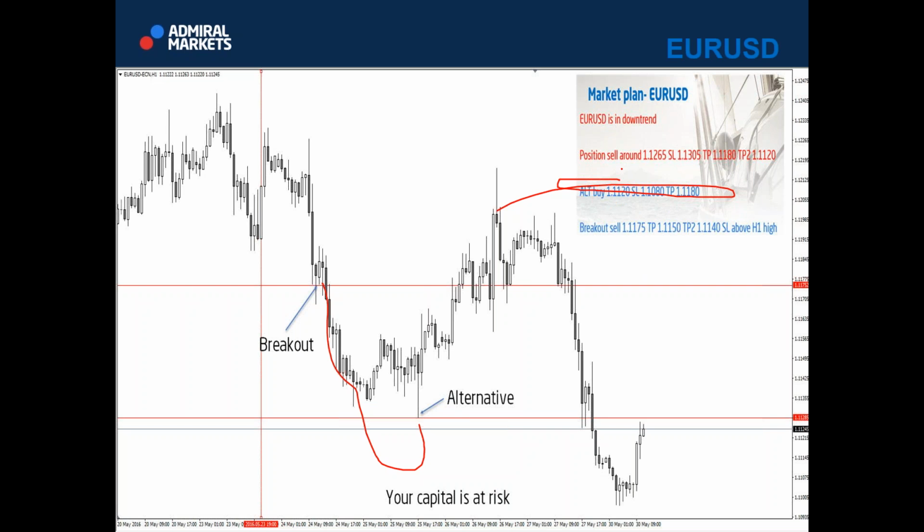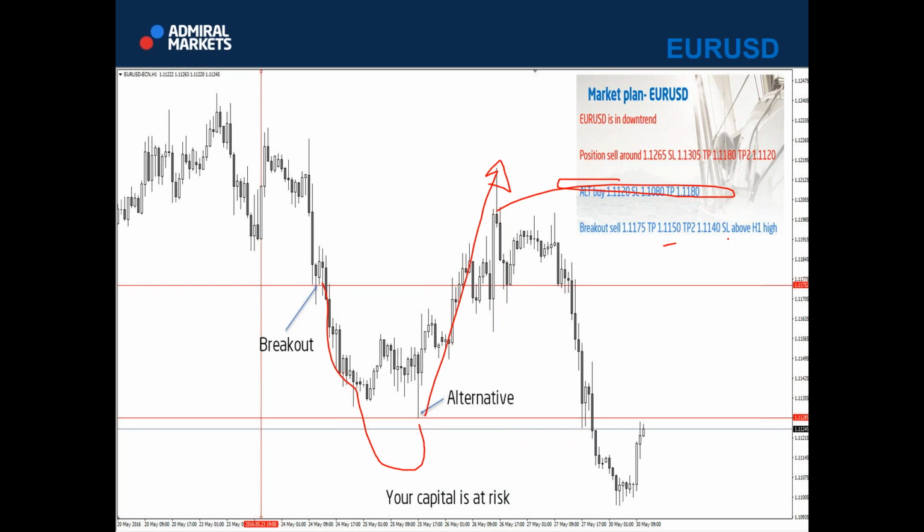If you count total profit, it's much bigger than our target, because my target was 1.1180 on this alternative buy setup, but the price actually went to 1.1210 or 20.